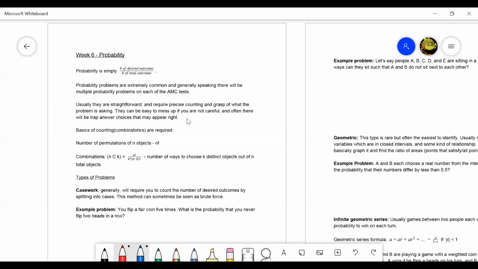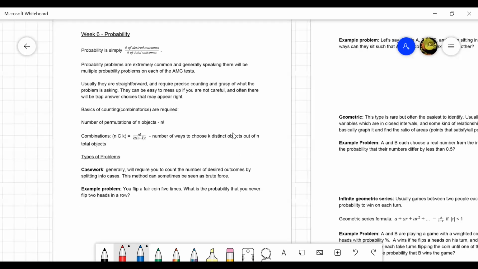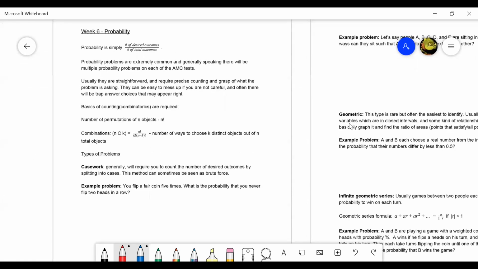Mainly, these types of problems are really straightforward, and the only thing you have to do to solve them is be precise and understand what you actually have to count in the problem. They are also kind of easy to mess up, so it's nice to check your work, especially with counting and probability problems.